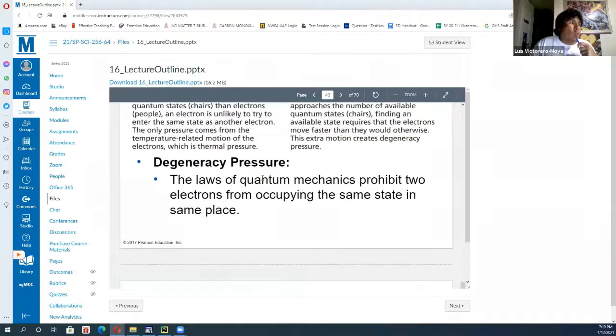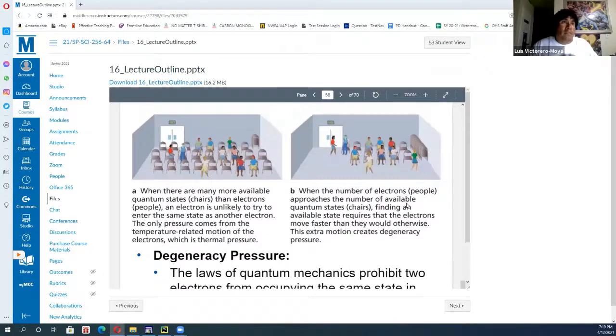We will talk about this when we talk about white dwarfs, because in a white dwarf there is a contraction, since there is no more heat being produced in the core. There is a collapse, and again you get to this point.